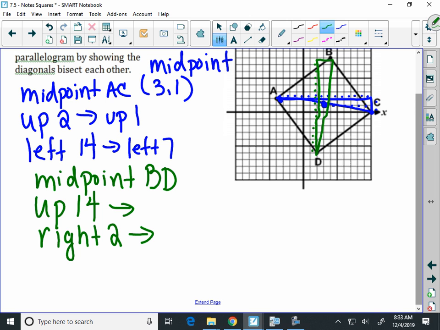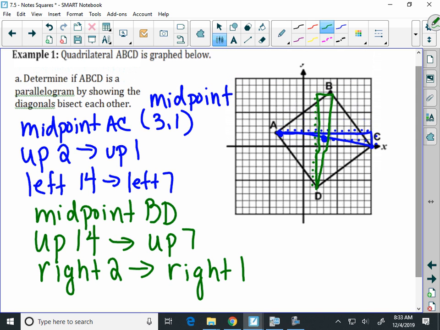But we're finding the midpoint. And we're going halfway between here. So up 14 means we're going to go up 7. Right 2 means we're going to go right 1. So if we count from D, 1, 2, 3, 4, 5, 6, 7, and then right 1, we should end up at (3, 1) again.